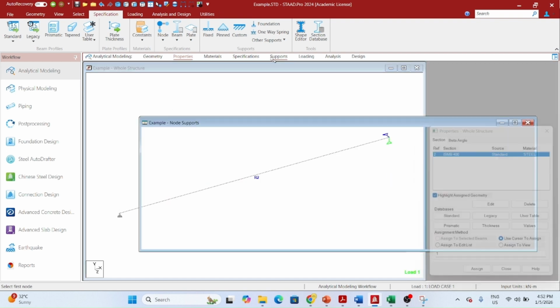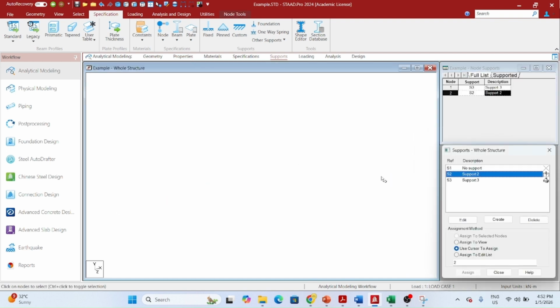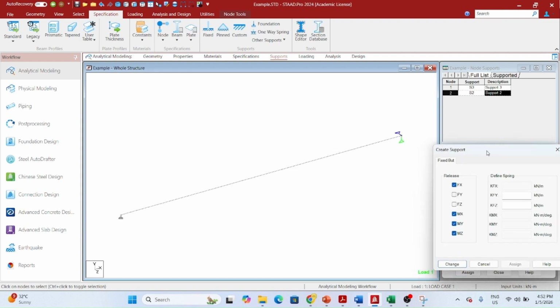Let me show you the support condition as well. One end I have kept as a pin support, and one end I have assigned a fixed but support. In that fixed but support I am providing a roller support. In order to provide a roller support, I am allowing the movement in the X direction, that is along the length of the beam.